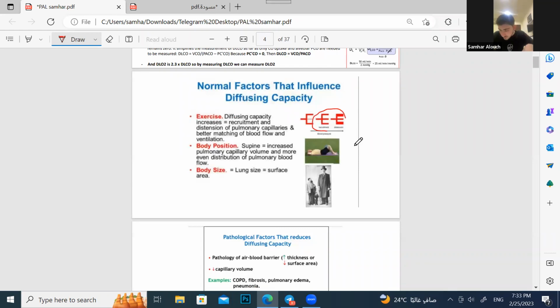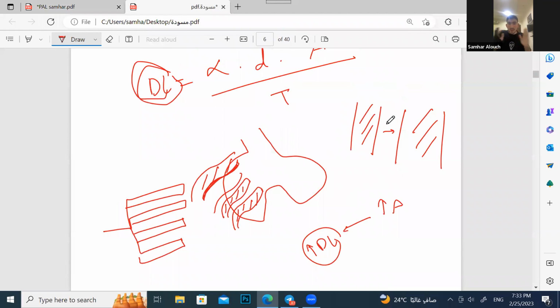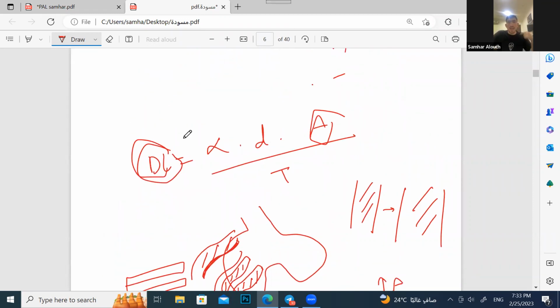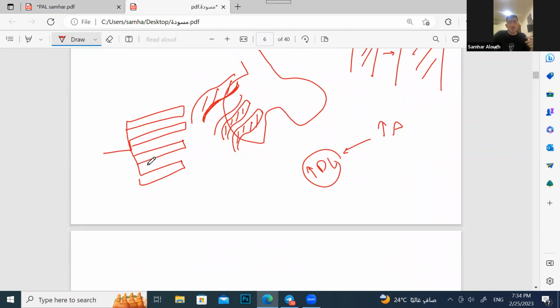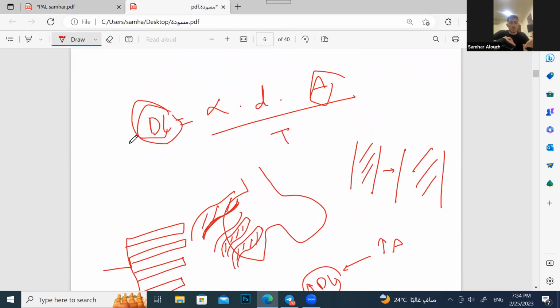Since this blood vessel has become bigger, it will contain more blood and it will increase the surface area. And if the surface area increased, the DL will increase once again. And now we will have more diffusing capacity, more oxygen will go to the blood. Is it clear? So now we have two mechanisms of exercise that increase DL.